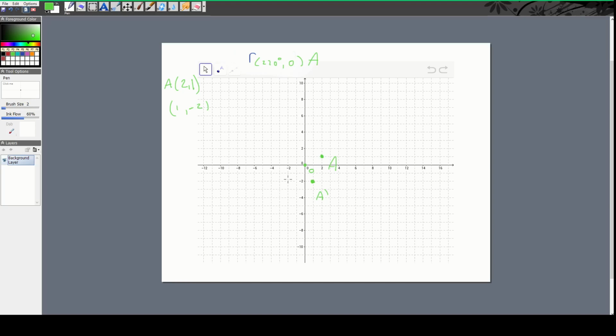Which brings me to my next point. This looks to me to be a rotation of -90 degrees about O for A. Now, does that make sense? If I rotate 270 degrees positive, I'm going to go into my second, my third, and into my fourth quadrant, right?